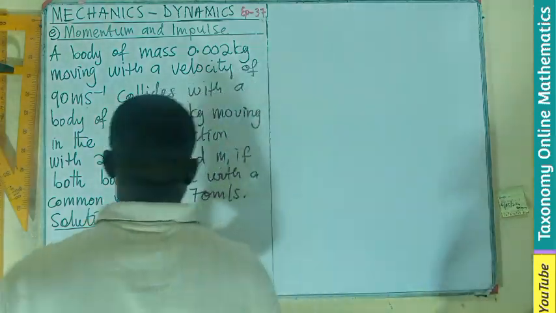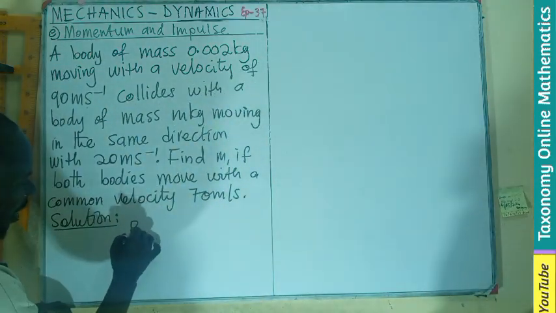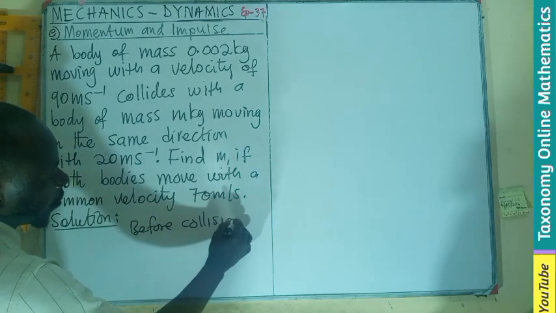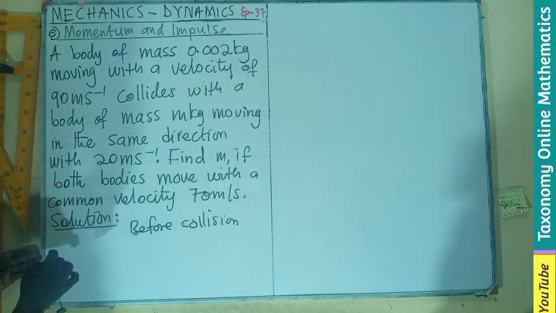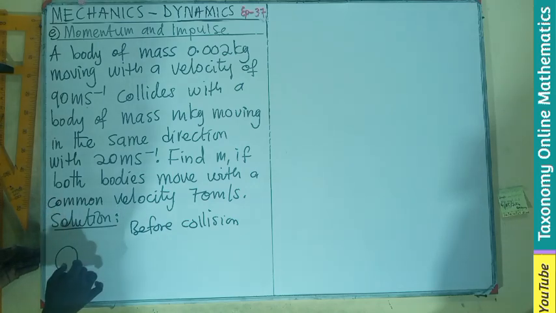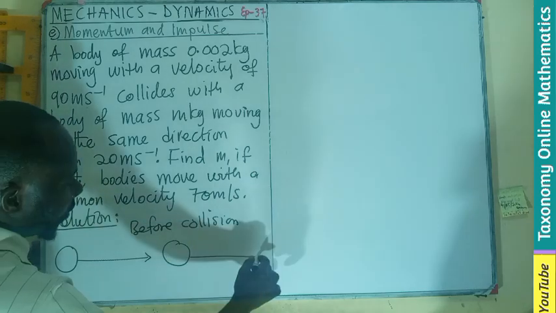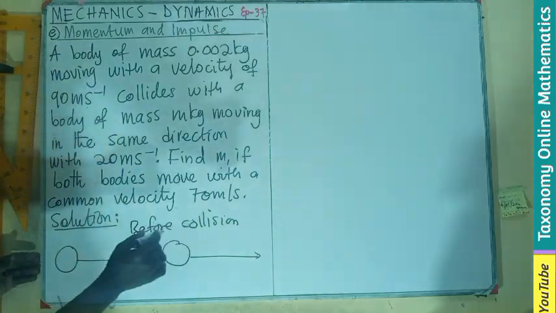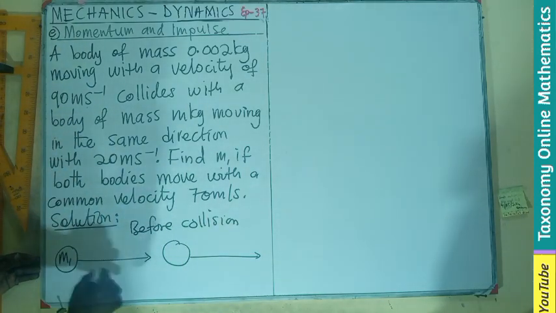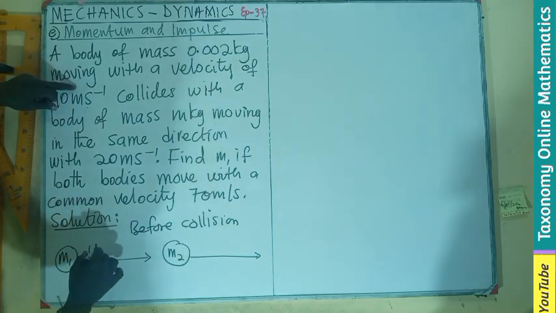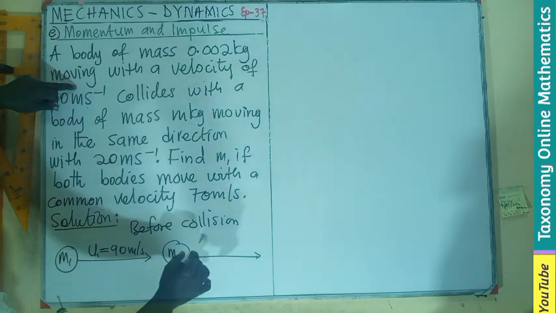So let's see if we can picture what happened before collision. Before collision, we can have this body traveling and another body also traveling in the same direction, right? So the m1 and the m2 with initial velocity here is 90 meter per second.